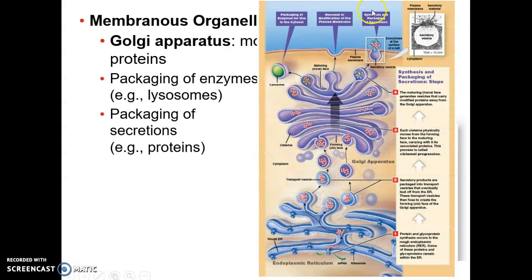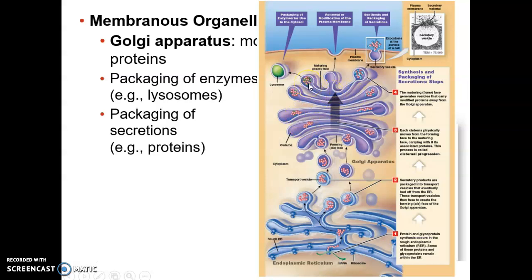Oh, here we go. So here's the rough ER, ribosomes, these little red beads are amino acids forming a polypeptide that becomes a protein, put into a transport vesicle, that's moved to the interface or the cis face of the Golgi apparatus. Protein migrates through, edited, processed.